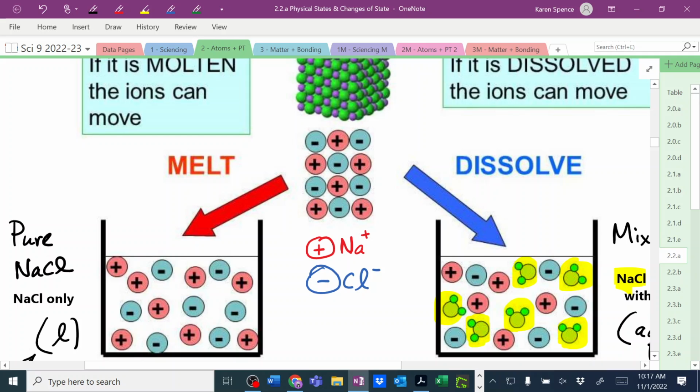Dissolving is also a physical change because you started with some water. They didn't show the water over here, but you would start with some water and some sodium chloride and you would put them together. You still would have the little Mickey Mouse waters and you would still have the sodium chloride. So you've not actually made anything new.